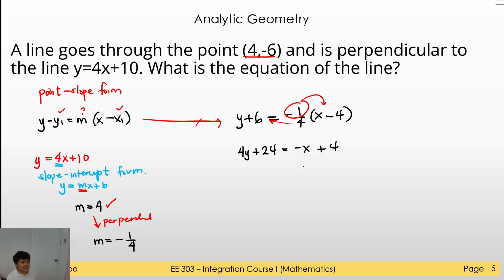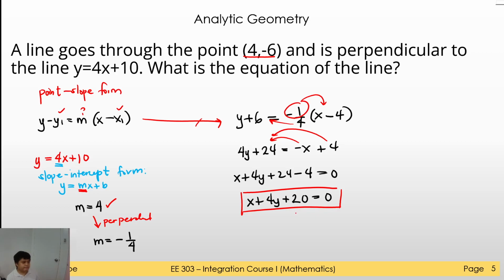Simplifying this into its general equation form, I will transfer everything to the left. I will put x first: x + 4y + 24 - 4 = 0. Therefore, simplifying this, we have x + 4y + 20 = 0. This will be your final answer. Okay, that's it.